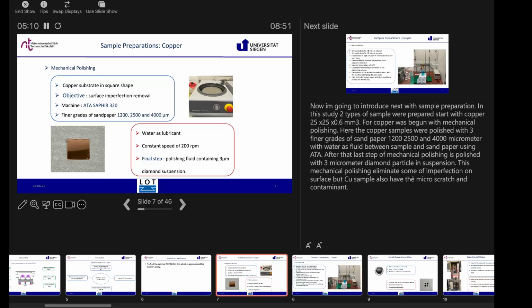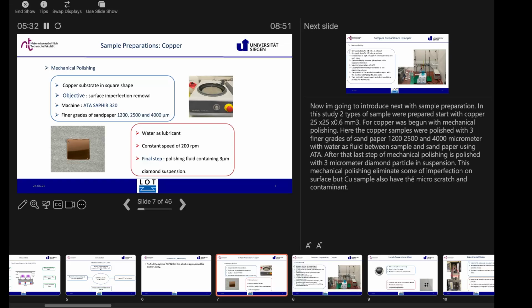As I also mentioned before, 2 samples were prepared, start with copper. In the copper, the polishing, we start with mechanical polishing, and then we did electropolishing after that. The objective for the mechanical polishing is surface imperfection removal.